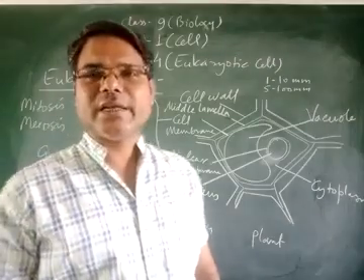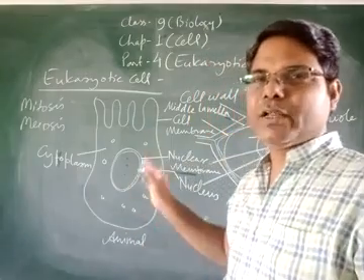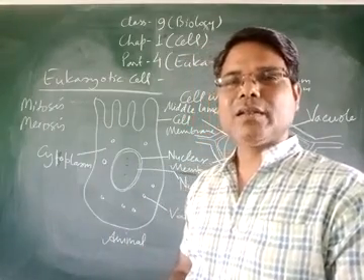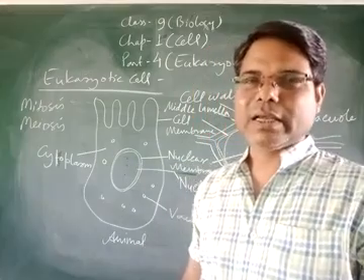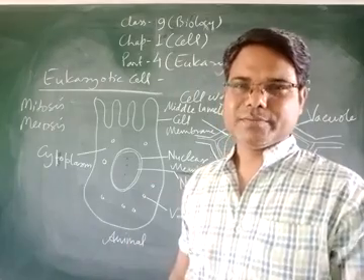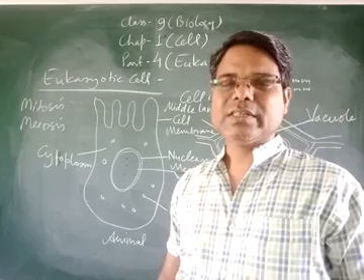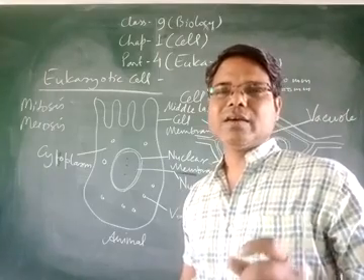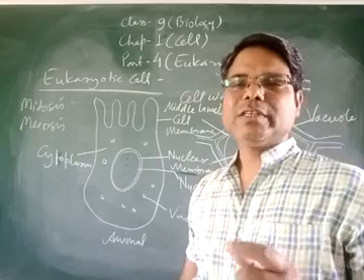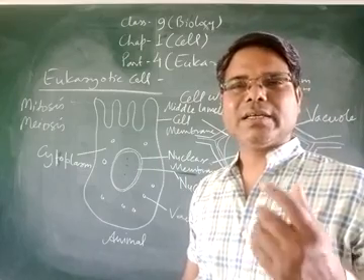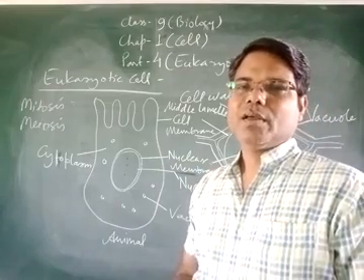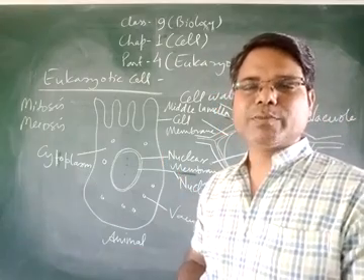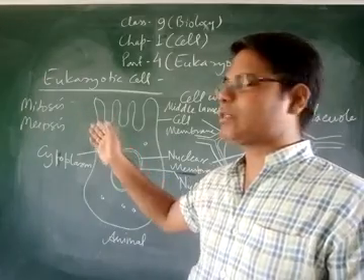So both types of cell division are a characteristic property of eukaryotic cells, but cell division is absent in case of prokaryotic cells. Prokaryotic cells divide only by the help of fission and budding. I told you already that fission is the splitting of the cell and budding is the arising of small buds which detach from the cell and act as a single cell. But in case of eukaryotic cells, well developed cell division is present, which may be either mitosis or meiosis.